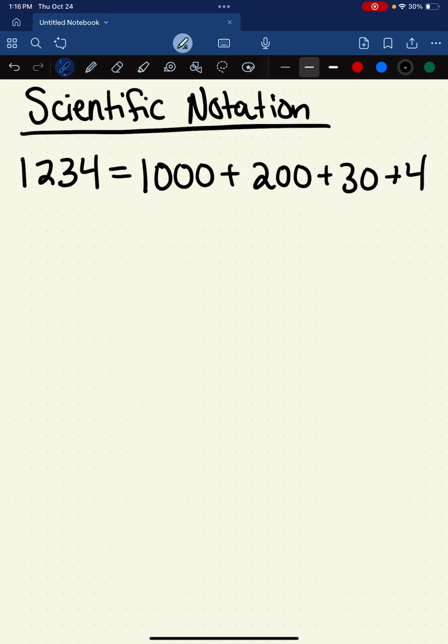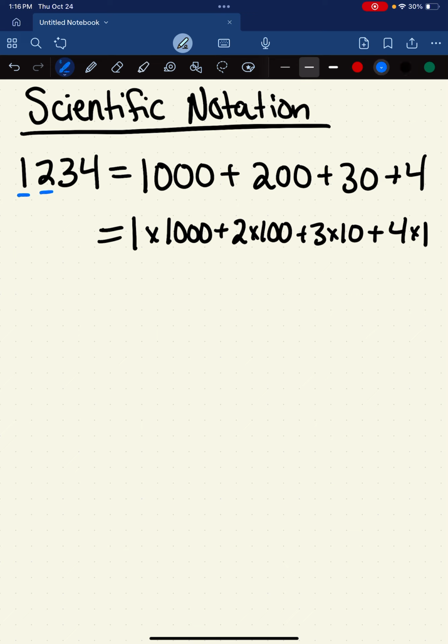And again, this is obvious, but we're going to use things that are obvious to build up our intuition here. Well, this is 1 times 1,000 plus 2 times 100 plus 3 times 10 plus 4 times 1.